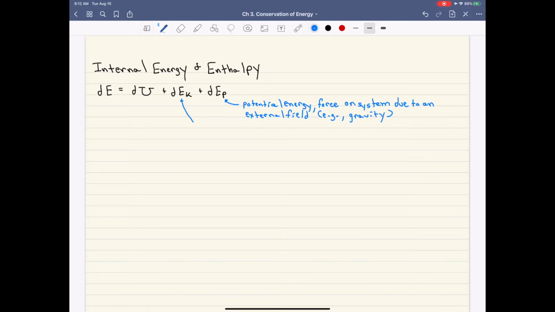The middle term refers to the change in kinetic energy. For kinetic energy, we're talking about translational motion of the center of mass of the entire system.